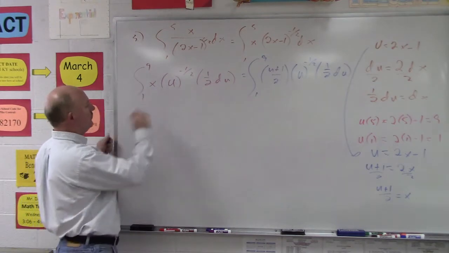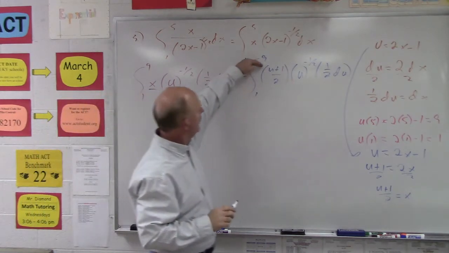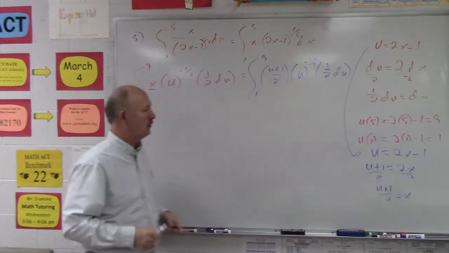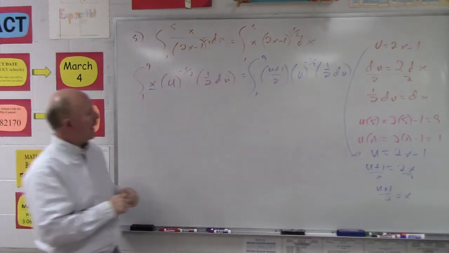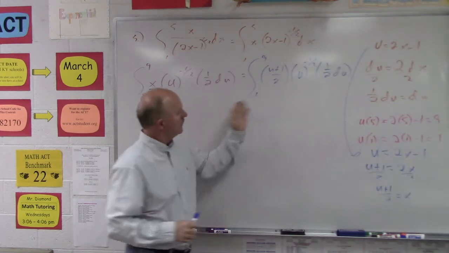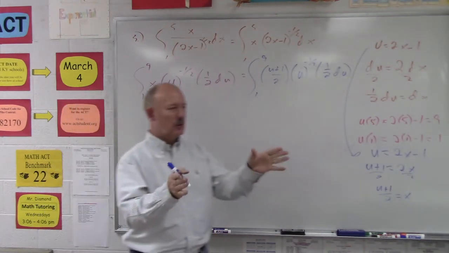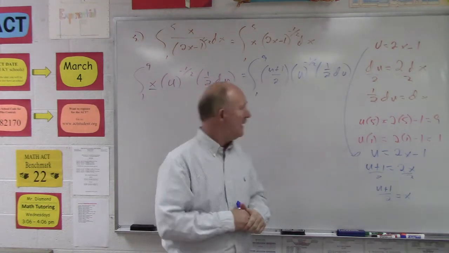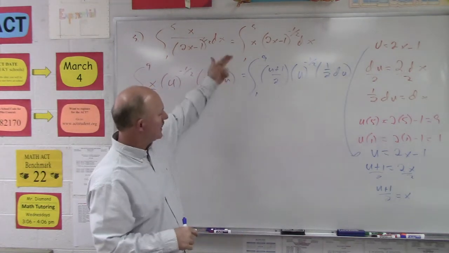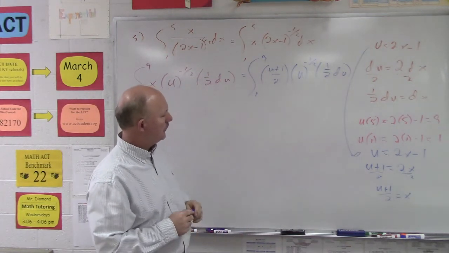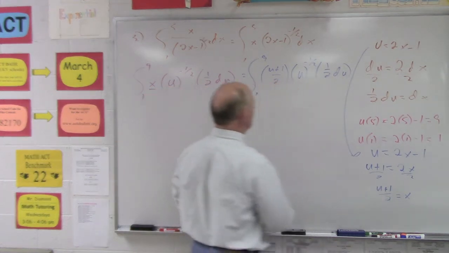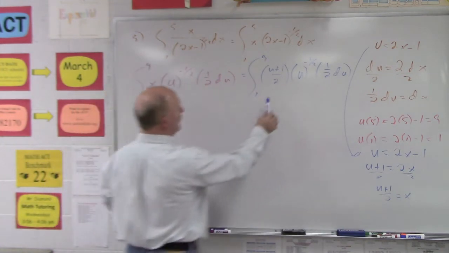We replaced the x here with (u plus 1) over 2, since that's equal to x, so we can make that substitution. Now we've converted our entire integral from one in terms of x to one in terms of u. I think we can simplify this a little bit. I see a couple of fractions in here. Let's see if we can pull those fractions out.